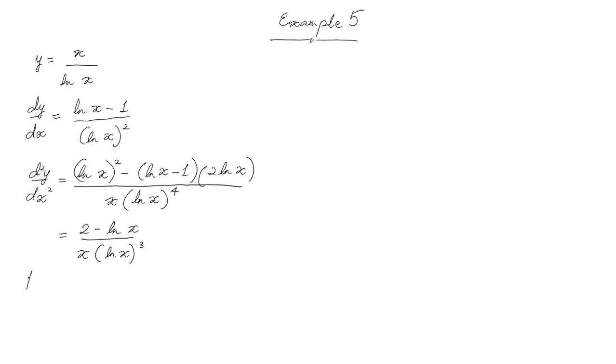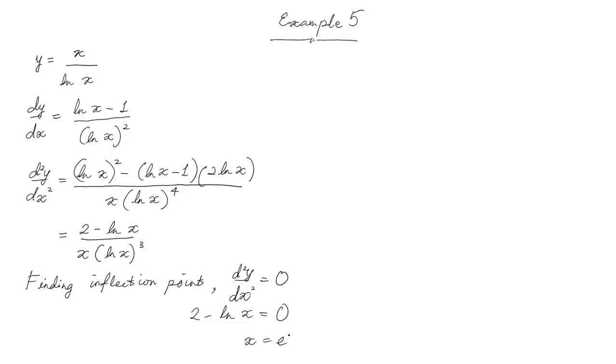Okay, so finding, this is the new stuff, finding the inflection point. We are going to let d2y/dx2 equal to 0, then you simply have 2 minus ln x equal to 0, and this is very simple to see that your x is going to be e squared.